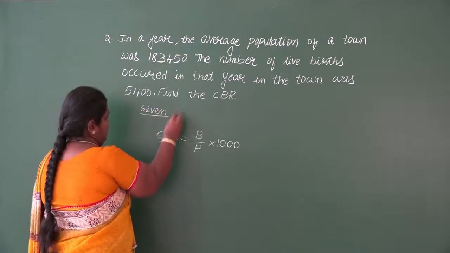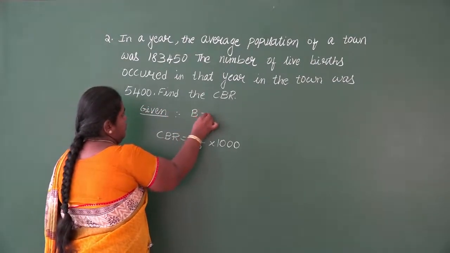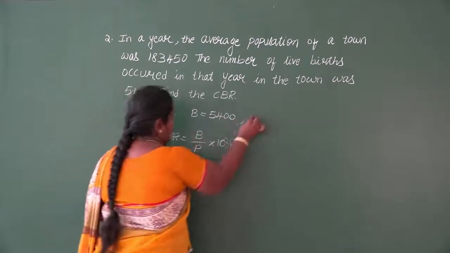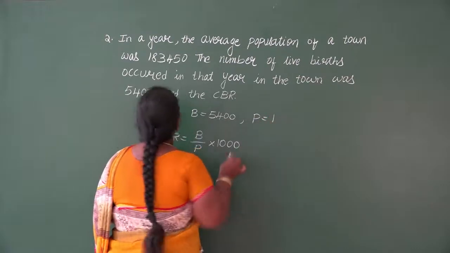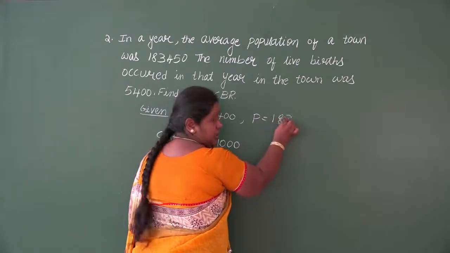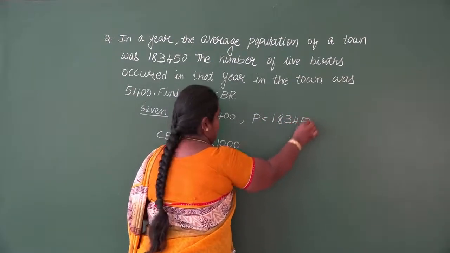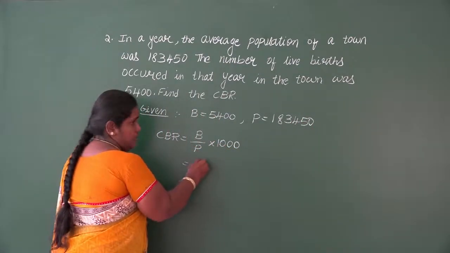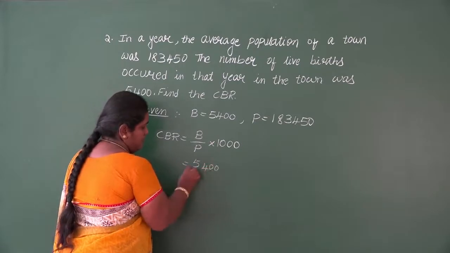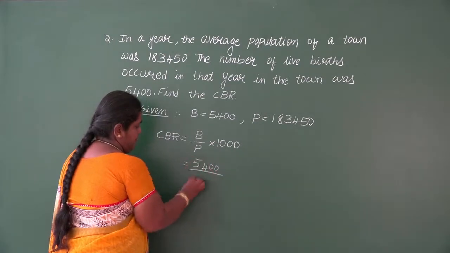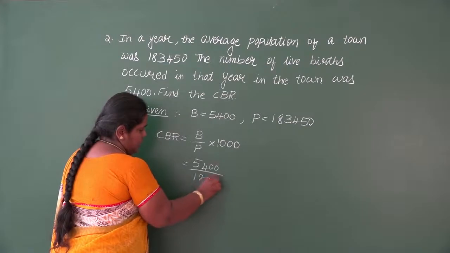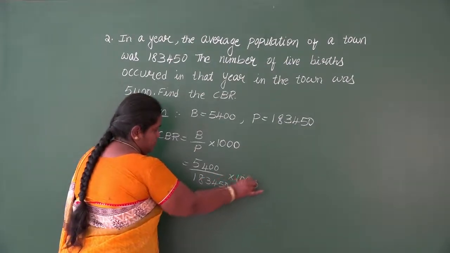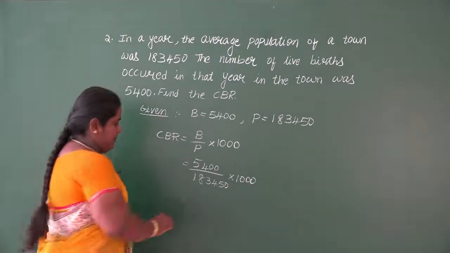Here the birth value B is 5,400 and the P value is 1,83,450. Substitute: 5,400 divided by 1,83,450 into 1000. Again use the calculator and simplify it.